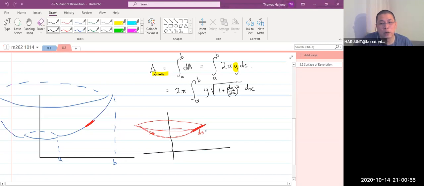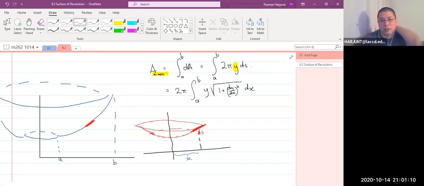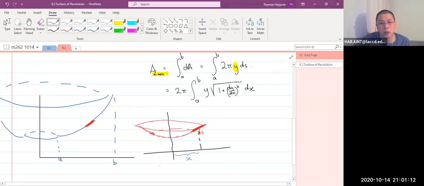So what will the radius be? The radius is x. So the area when you revolve, the dA first, this is 2 pi x ds.